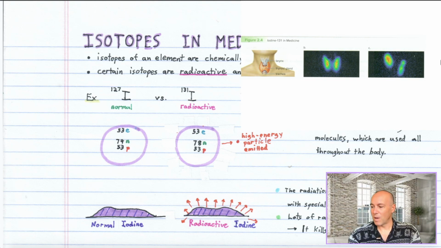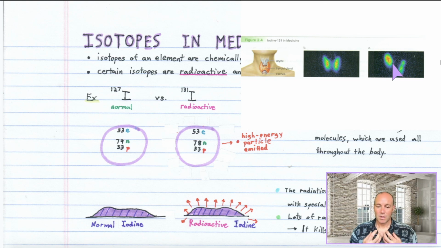So maybe if you have an unhealthy thyroid and you want to treat it, well, you can do radiation therapy, and if the patient has radiation therapy, then the cellular tissue can be changed.